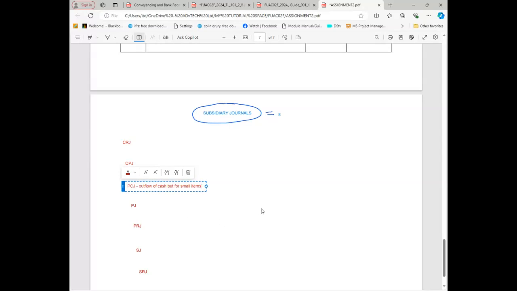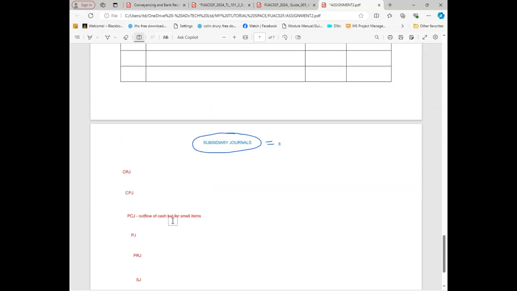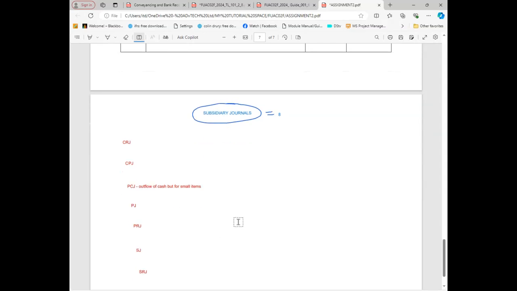Like for example, let's say at your company they want to buy sugar or milk. They use what you call petty cash. Petty cash is used to buy small items. So petty cash is similar to the CPJ. It's just that CPJ deals with big things, but they are all having outflows. Does that make sense? Hopefully, you are still following?